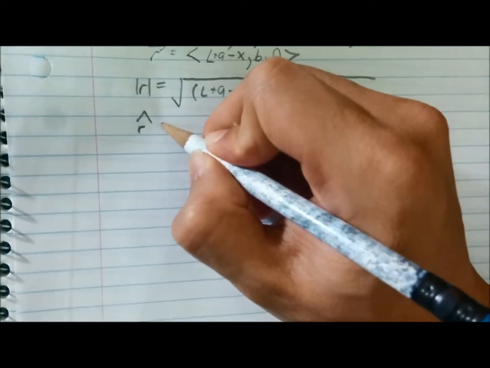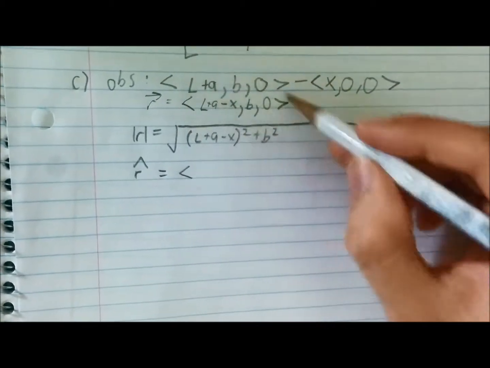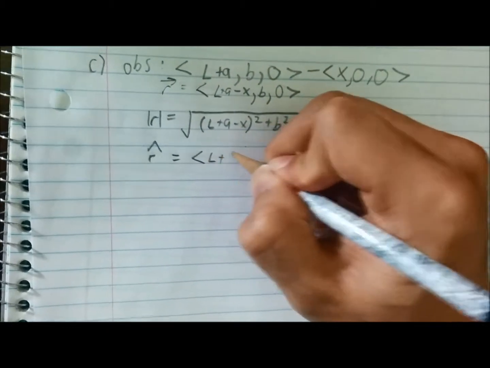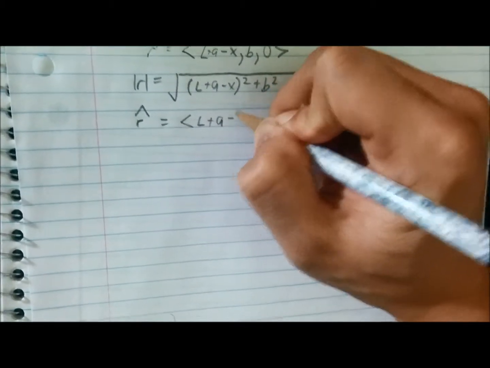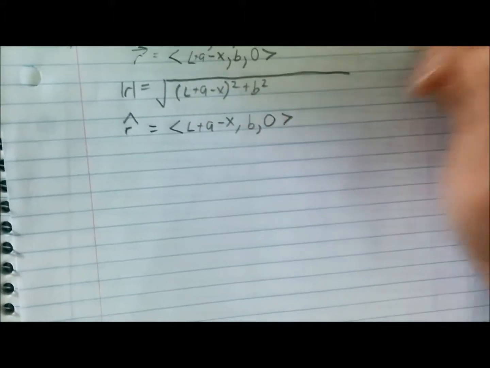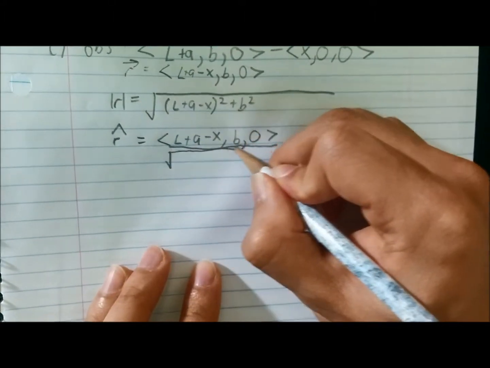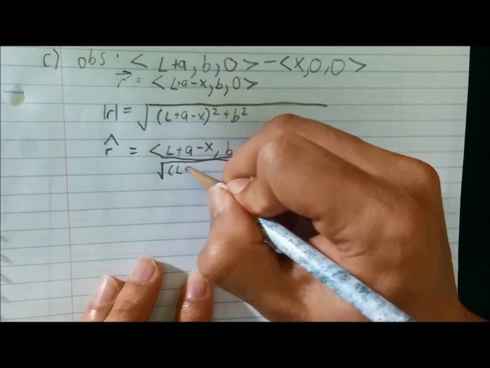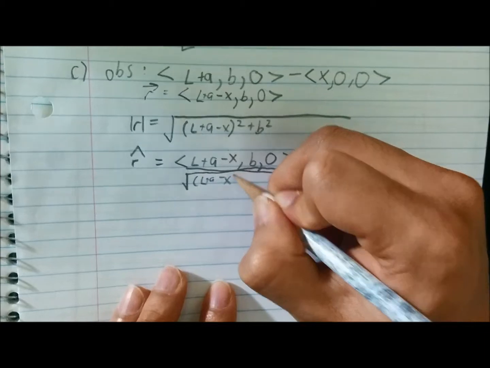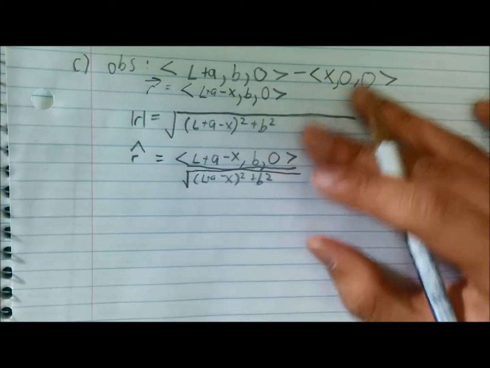It's just the r vector divided by r mag. So it's (L plus A minus X, B, 0) divided by the square root of (L plus A minus X) squared plus B squared. So that's your r hat.